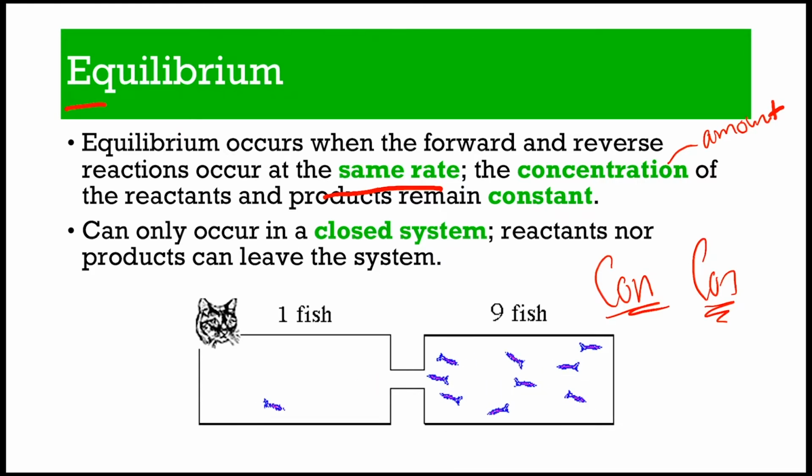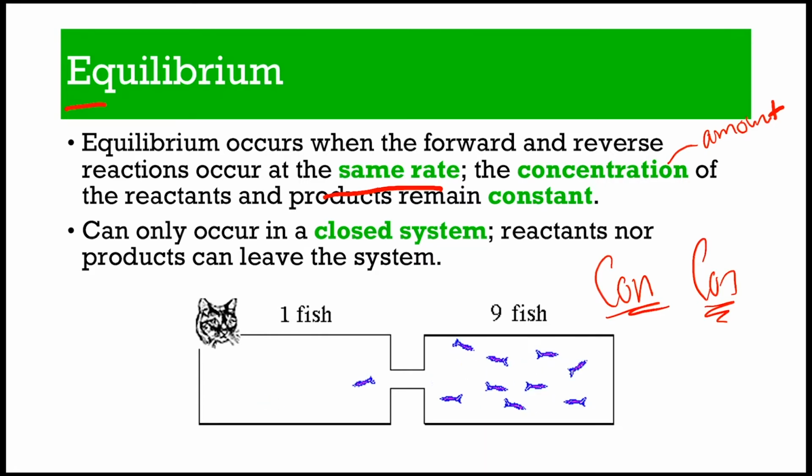Good. So if you notice the second bullet, it says that equilibrium can only occur in a closed system. The reactants and products cannot leave the system. If you look at the diagram over here, it shows a closed system, meaning nothing is affecting the factors within the system right now.